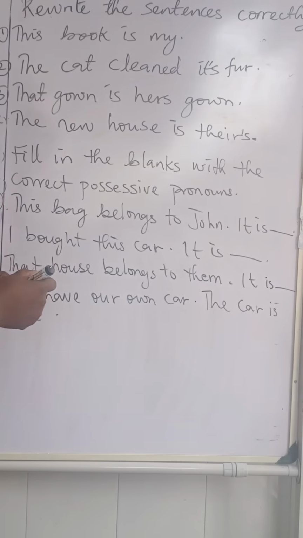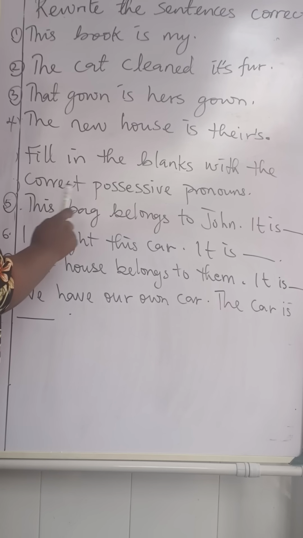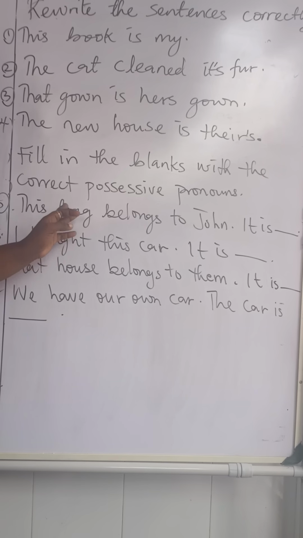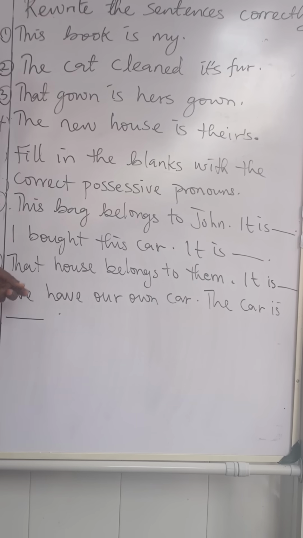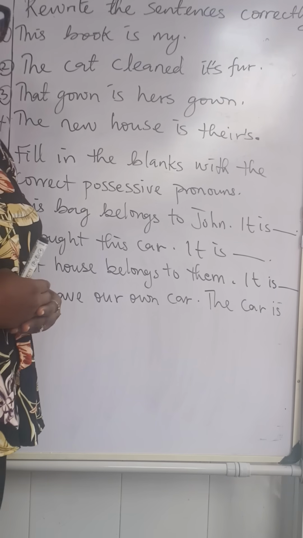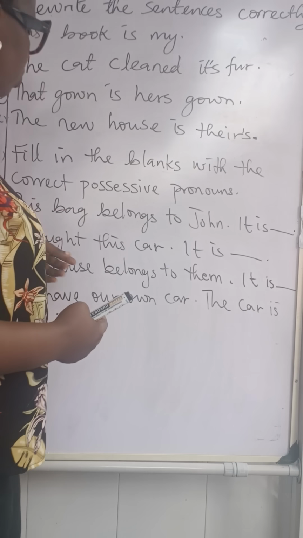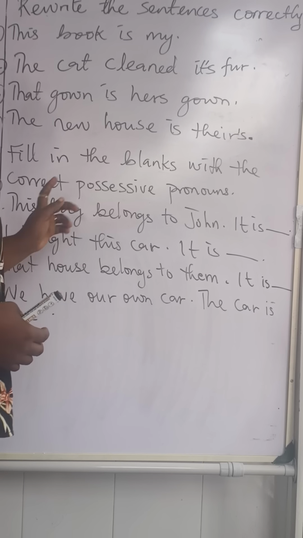Theirs. Now, this second instruction says fill in the blanks with the correct possessive pronouns. Number five says this bag belongs to John. It is dash. Now, is John a female or a male? Before you answer that question. Number six, I bought this car.